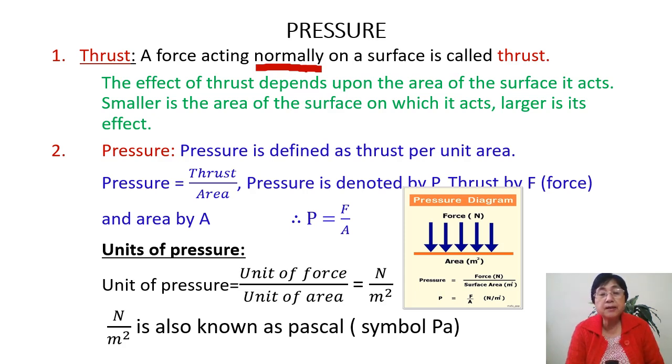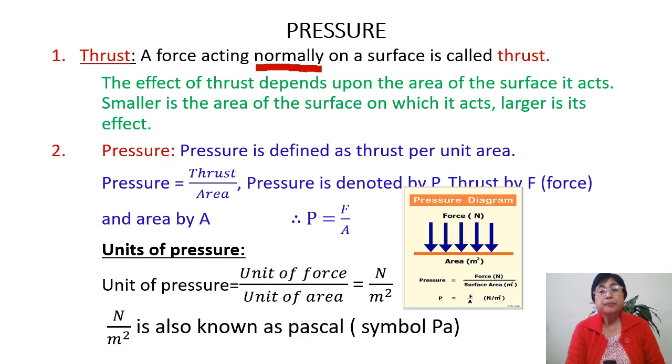Look at this force, okay? We have the force acting here, and here is the surface, and this force is acting normally or perpendicularly to the surface. So this is thrust, okay? Now, the effect of thrust depends upon the area of the surface it acts. Smaller is the area of the surface on which it acts, larger its effect.